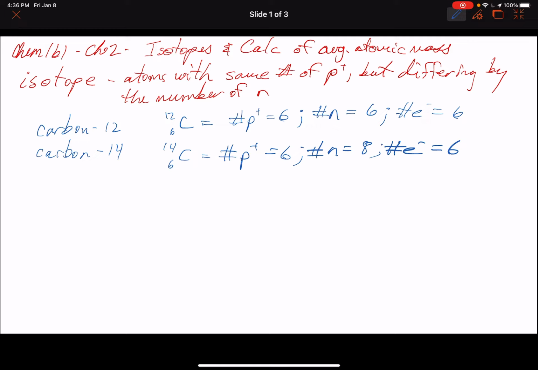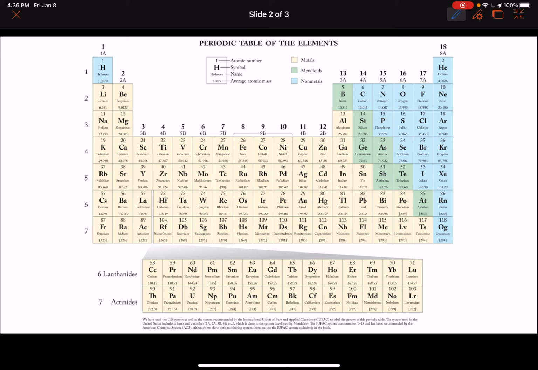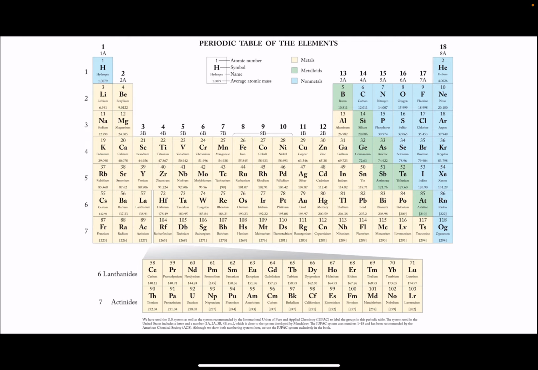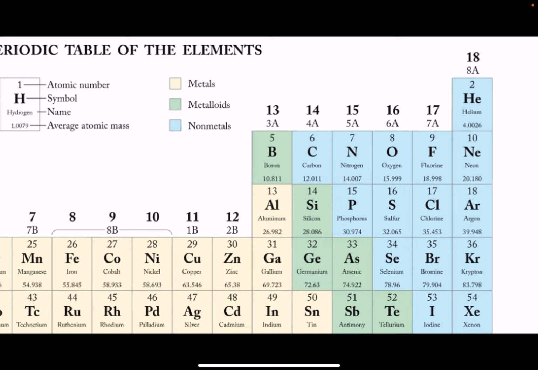Okay. And so if you turn to the periodic table, what the periodic table must do is report the atomic mass, not for every single isotope, but for the average of all isotopes known for the element in question. So if we turn to the periodic table briefly and look at the carbon area in particular, we see that carbon is listed here in the second row of the periodic table, and at the 4th position along that row.